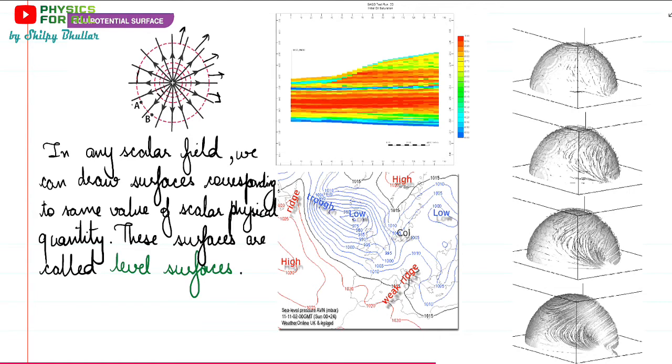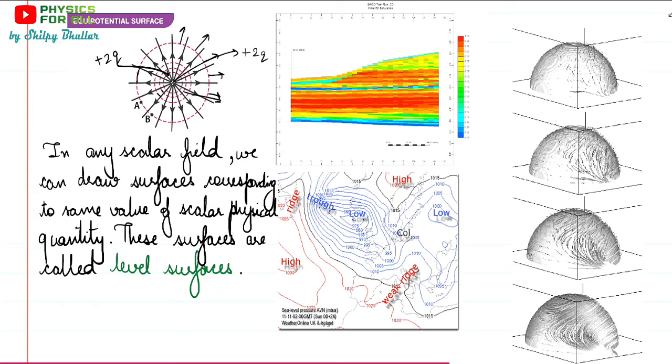Suppose this positive charge has magnitude 2, we say plus 2q. So at this particular surface, this smallest circle, whatever we experience is plus 2q.